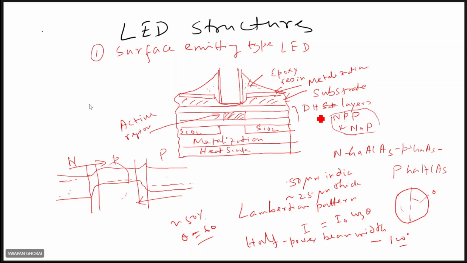But double heterojunction means 2 junctions must be there, right? The middle layer I just mentioned is the active layer. On the opposite sides, the other 2 layers will be the light confinement and carrier confinement layers. And next will be the metal contact. Some isolation layer will be there, and a heat sink at the bottom of it.